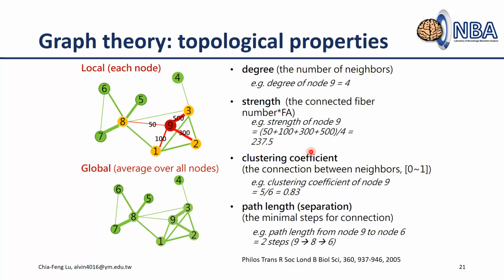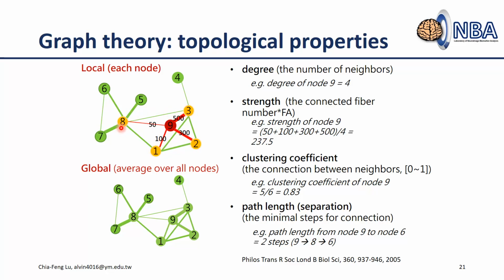And another thing is the clustering coefficient. We try to estimate the connection between neighbors. For example, again, we take 9 as the example. Now we are not focusing on 9 per se, but actually we focus on the neighbors of 9. I can tell that the neighbors are 8, 3, 1, and 2. Now, I'd like to know how many connections there are between 8, 3, 1, 2.